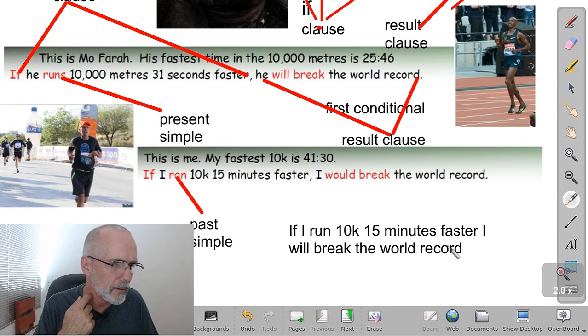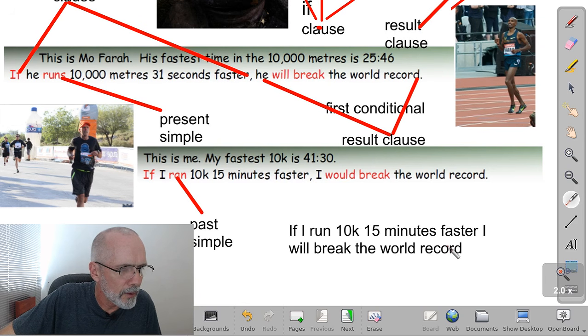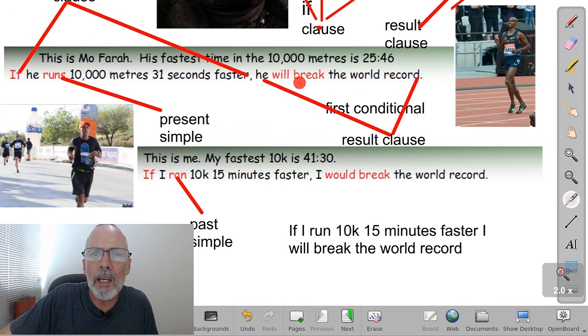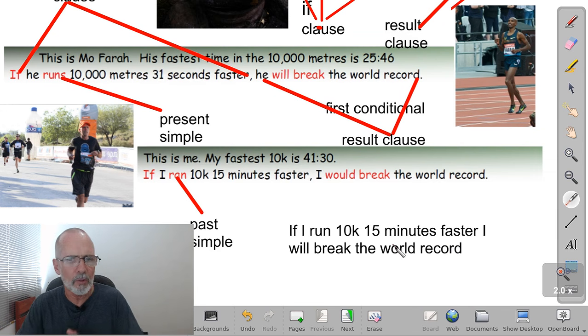Why? Can anybody tell me? The other difference before we continue is that here it says will break, and here I put would break. So this one, if I run 10k 15 minutes faster, I will break the world record, is wrong. Why is this one wrong? Can anybody tell me why this one is incorrect? Anybody?